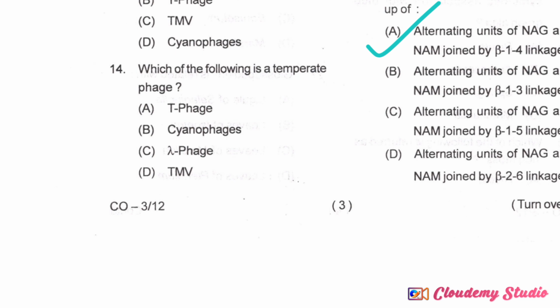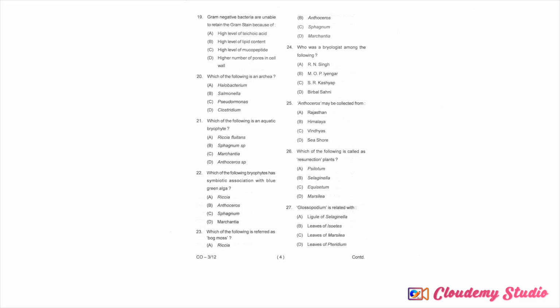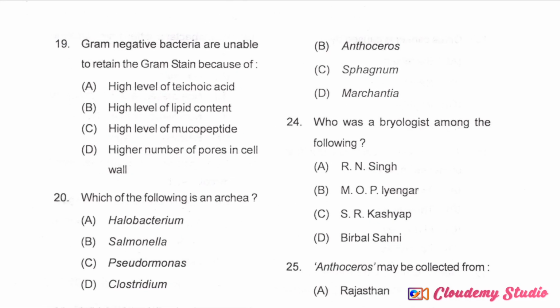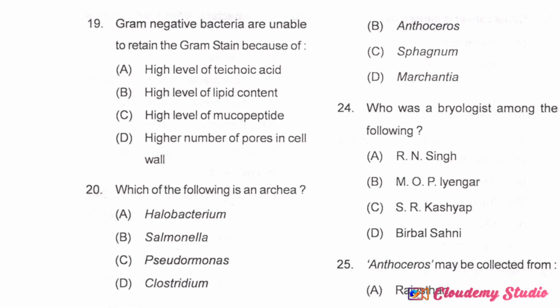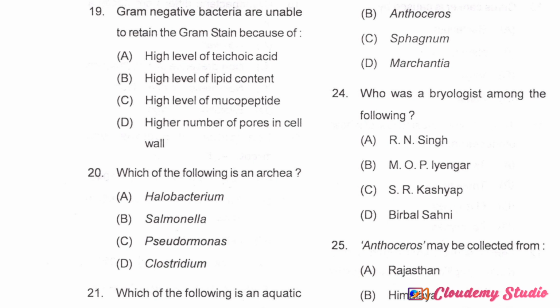Coming to question number 19. Gram-negative bacteria are unable to retain the gram stain because, here the answer is option B, high level of lipid content, because gram-negative bacteria have a higher level of lipid content than gram-positive bacteria.